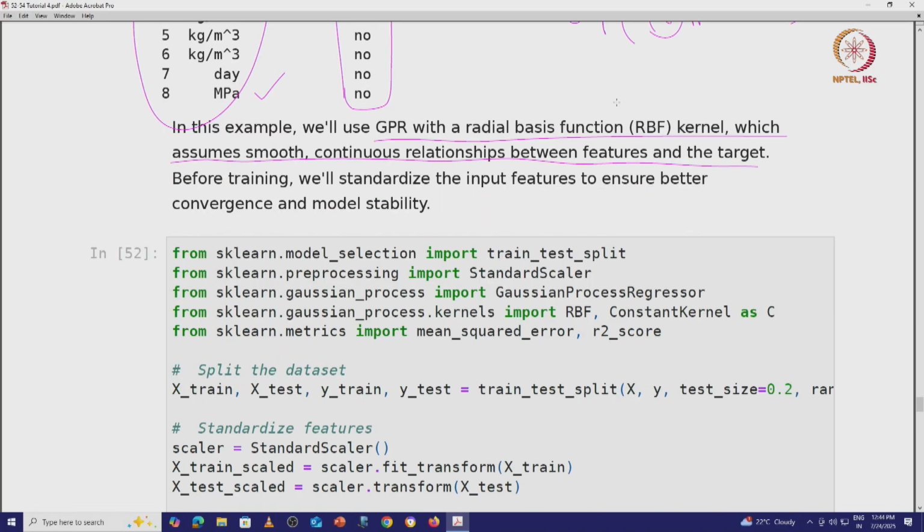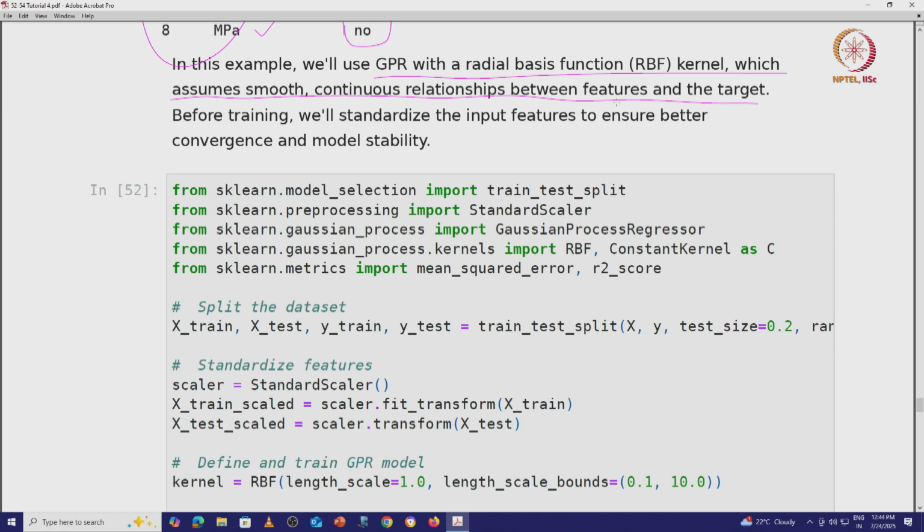These are some of the standard things that we do when we set up an ML model. By now you will be familiar with all of this. You have to do a train test splitting. For models like GPR and SVM, you have to do standard scaling. It is particularly useful to do that. Then you can import the Gaussian process regressor function.